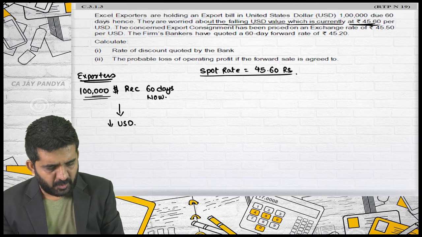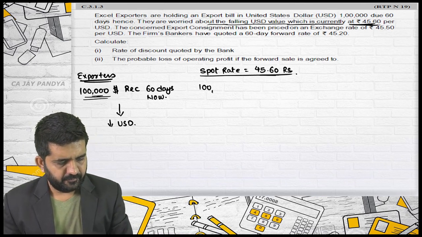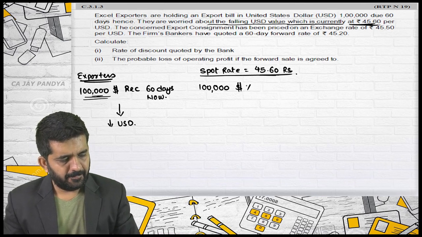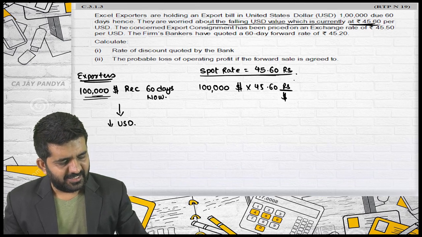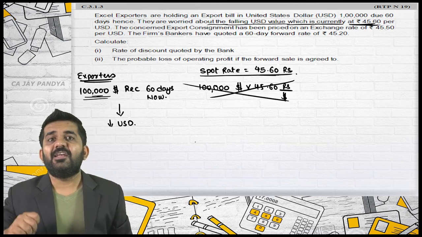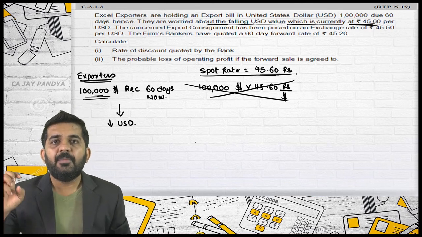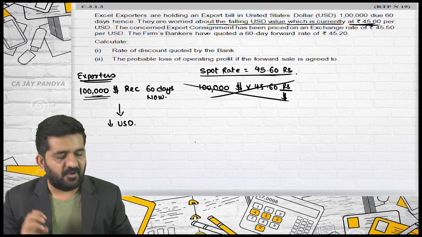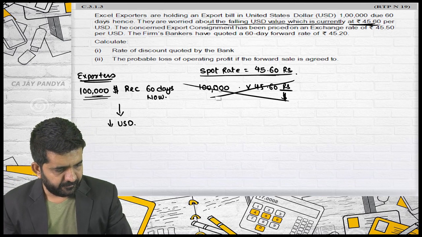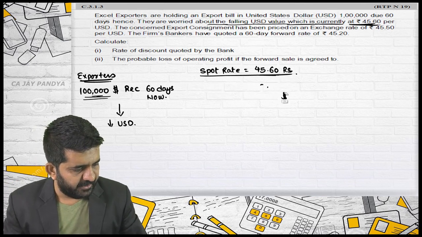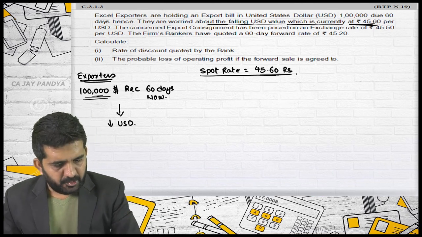Can they convert this 1 lakh dollar at 45.60 rupees? No, sir. Why? It is the spot rate and the bill is due after 60 days. Exactly. So this cannot be done. They will never be getting 45.60 rupees per dollar for this 1 lakh dollar because it is receivable after 60 days. You will never be receiving this money, 45,60,000 rupees, per US dollar.